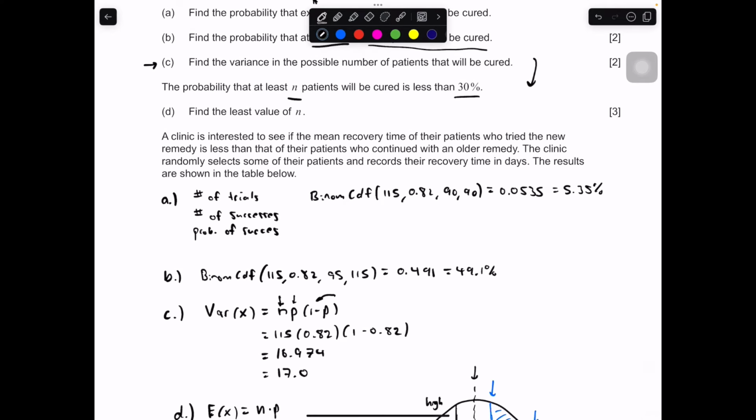A clinic is interested to see if the mean recovery of their patients who tried the new remedy is less than that of their patients who continued with an older remedy. So this is actually continued on the next page. The clinic randomly selects some of their patients and records their recovery time in days.